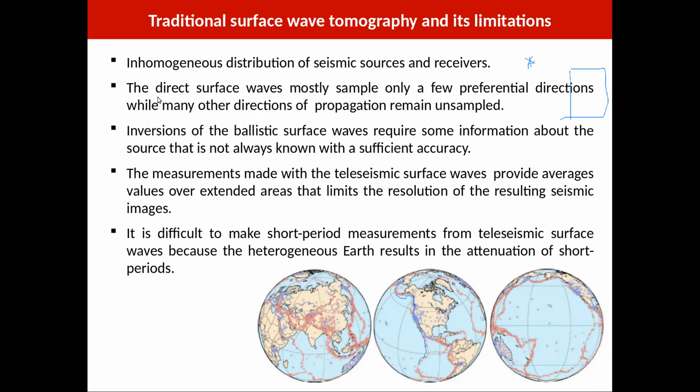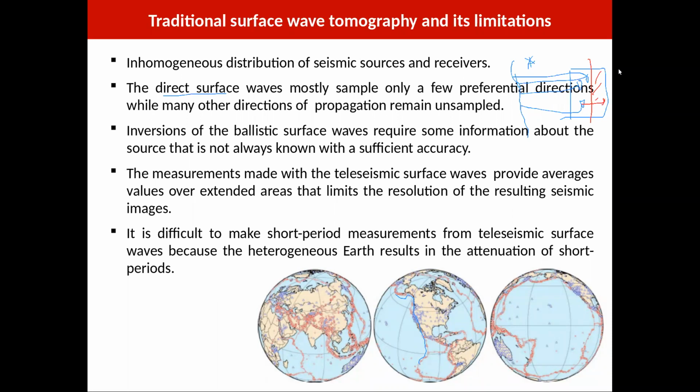Let's say we know that the earthquakes are usually concentrated in this area. Even if you have your seismic sources, the travel path is almost always from this area to the stations you have. So you cannot really constrain the velocity of the area behind these sources, because once the wave propagates past these stations, there are no other stations to record it.